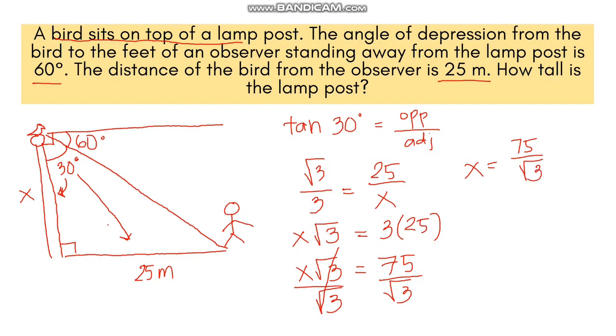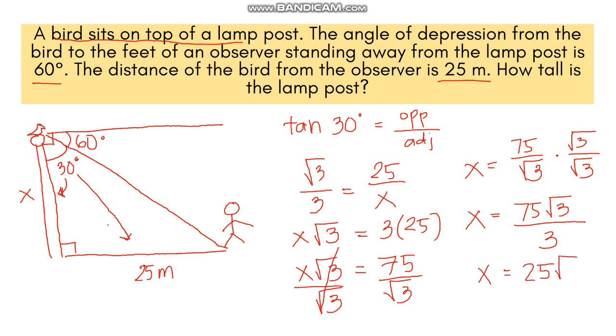Now since there is a radical sign on the denominator, we have to rationalize to remove that. So multiply the numerator and the denominator by square root of 3. So we have x equals 75 times square root of 3 all over 3, which we can still simplify to 25 square root of 3.